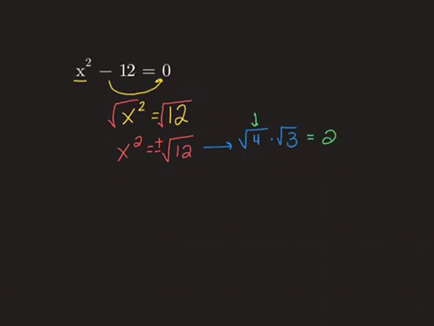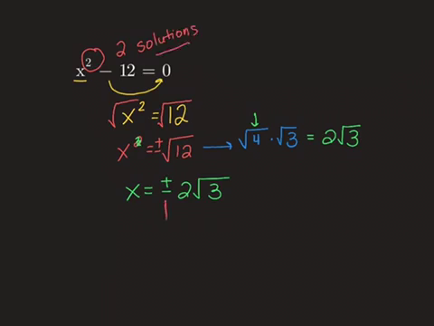So this would be 2 square roots of 3. So x is equal to positive or negative 2 square roots of 3. And remember, since we started with x squared here, we are expecting 2 solutions to all of these equations, which is why we need this plus or minus.